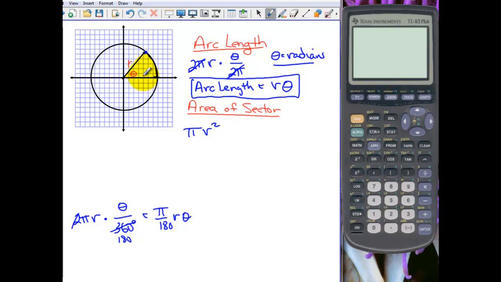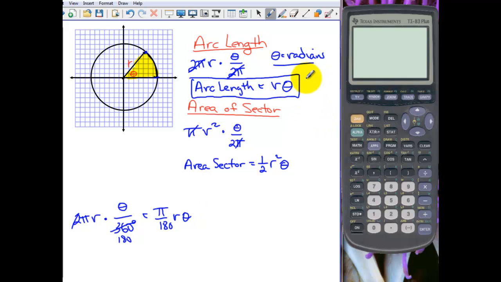And again, we have a fraction of the circle, theta divided by 2 pi. That's the proportion of our sector to the whole circle. We can cancel out our pi's, and so we get a formula that the area of a sector is equal to 1/2 r squared theta. And again, for the same reason, theta must be in radians.